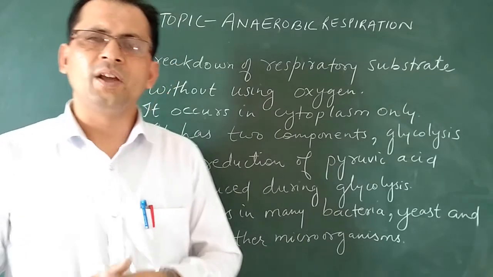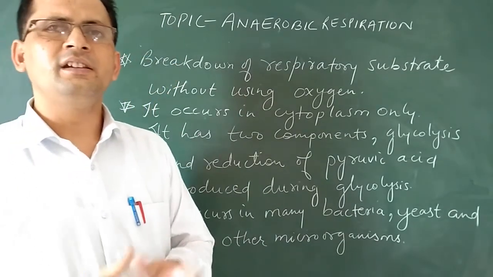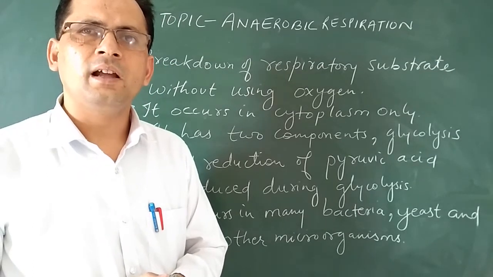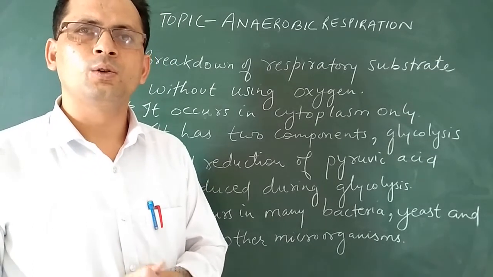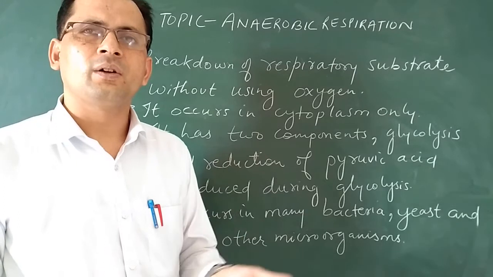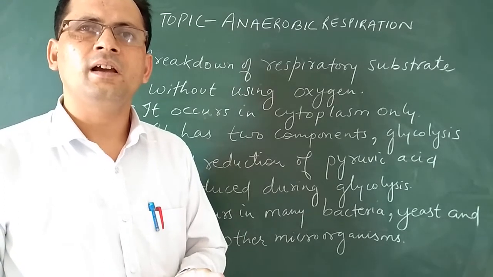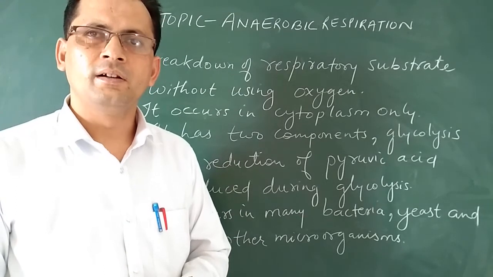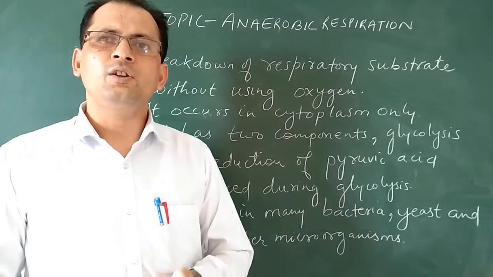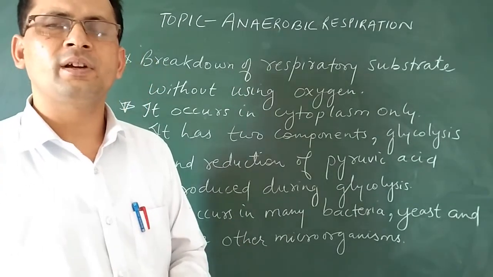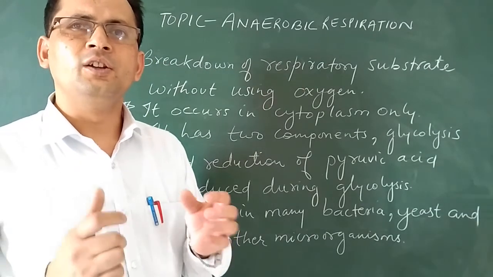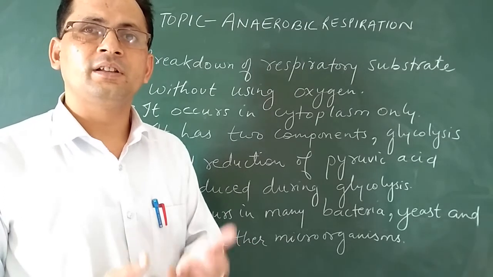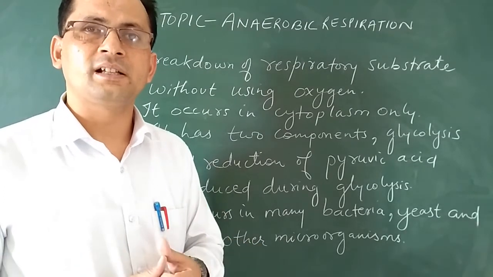Now, when we talk about yeast, what happens, beta? There is formation of ethyl alcohol. The glucose is directly broken down into ethyl alcohol along with the liberation of carbon dioxide. And in human muscles also there is sometimes anaerobic respiration, and during that time there is production of lactic acid.